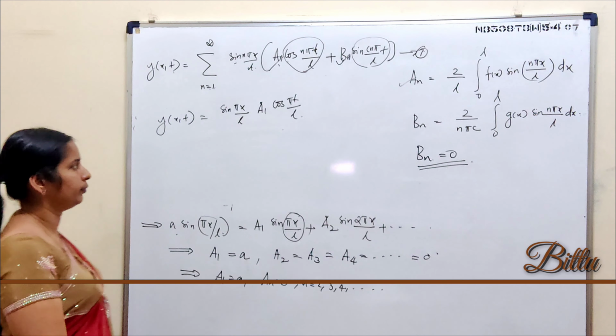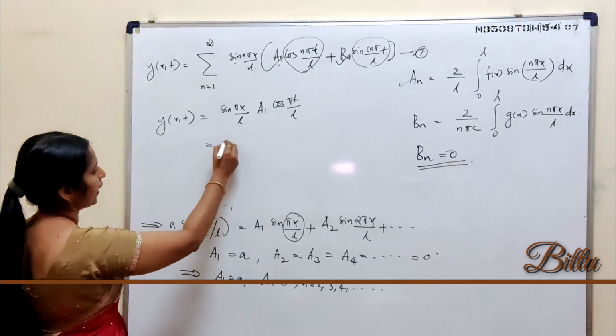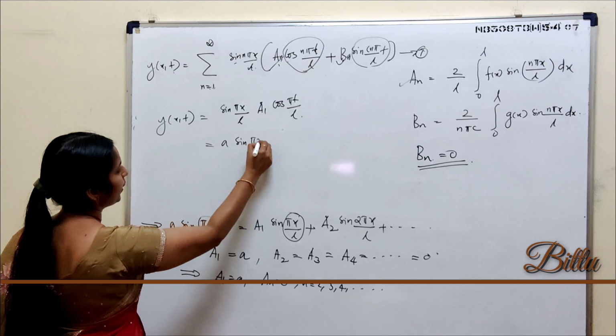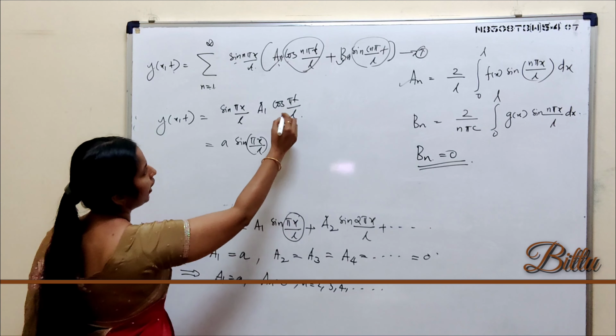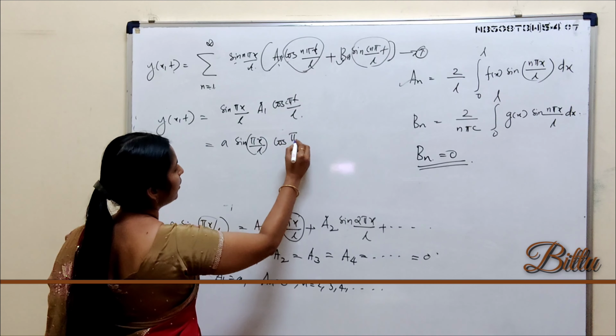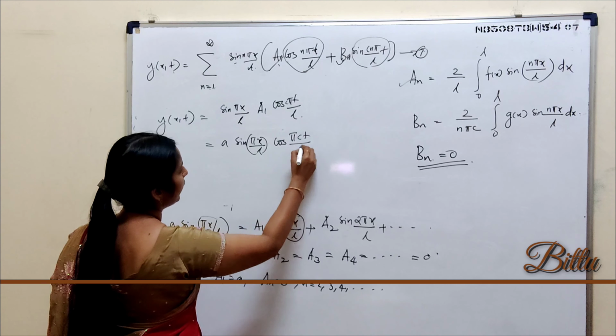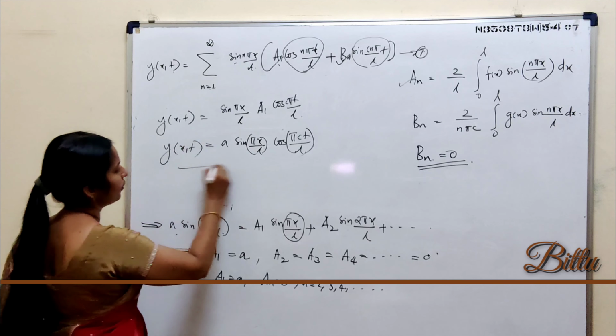Here bn is 0. So, y of x,t is this one. What is a1? a1 is a. Here, when n is 1, it is c pi. So y of x,t equals a sin pi x by l cos pi ct by l, that is our required value of y of x,t.